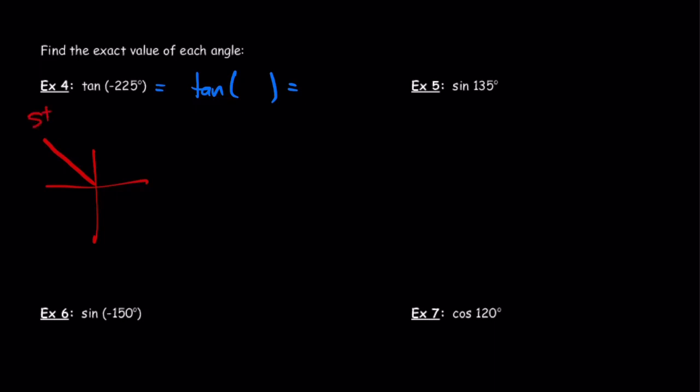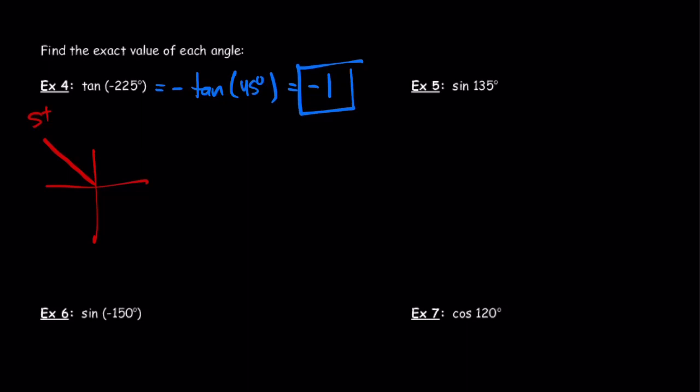This is sine's quadrant, which means tangent's going to be negative. Now you need the reference angle right here. So you take 225 minus 180, and that's 45 degrees. That's the reference angle that goes inside that function. And I know tangent of 45 is 1. Don't forget my answer is negative because I'm in the second quadrant. Tangent's negative in the second quadrant.